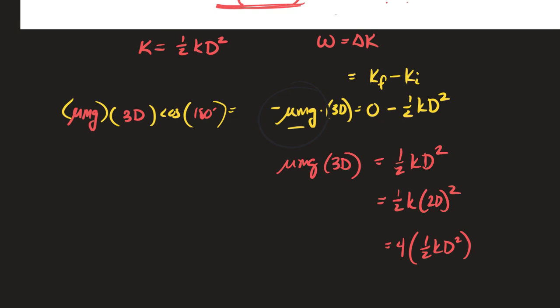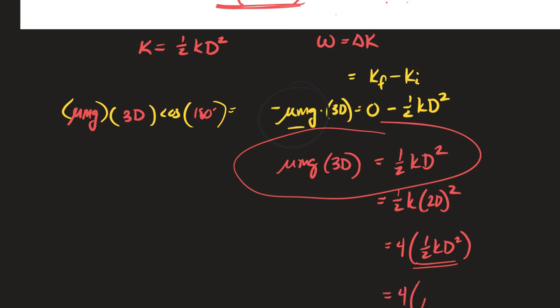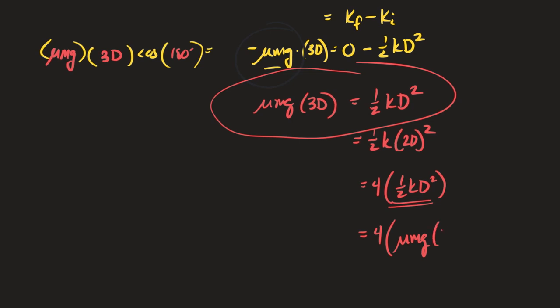We talked about how to do that. This is the original amount of energy, which means by the fact that these are equal, that'll have to be 4 times mu mg times 3d. This isn't going to get bigger because of the cart, but 4 times 3, that'll mean it'll go 12d. 3 times, it'll go 4 times further.